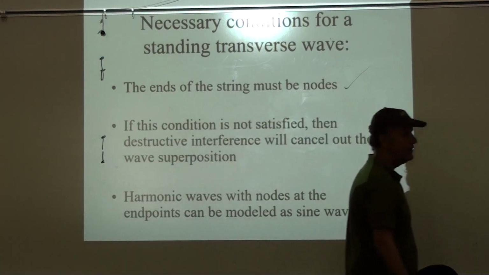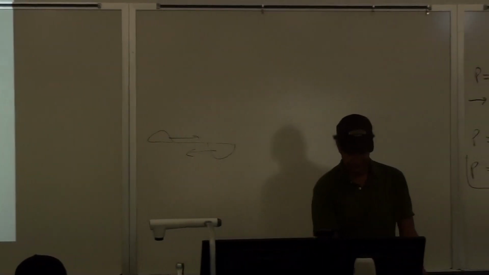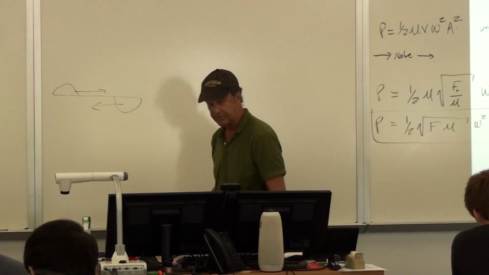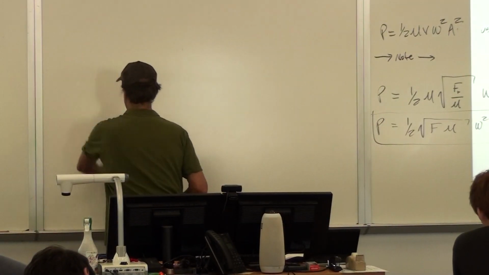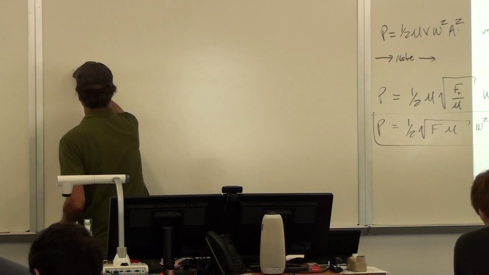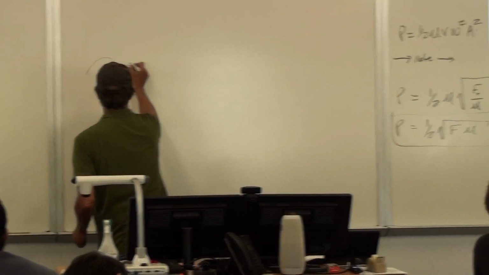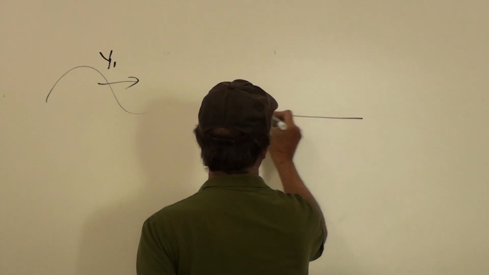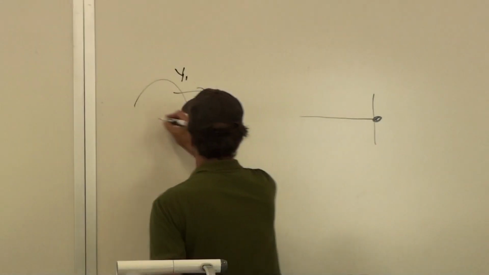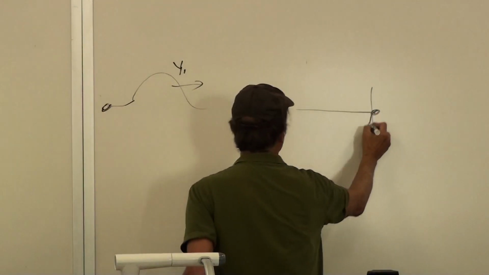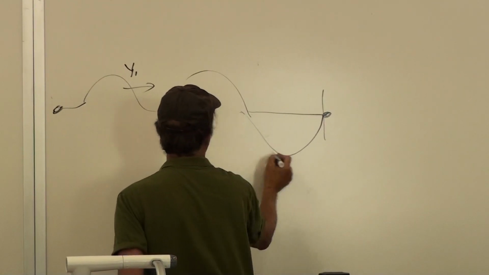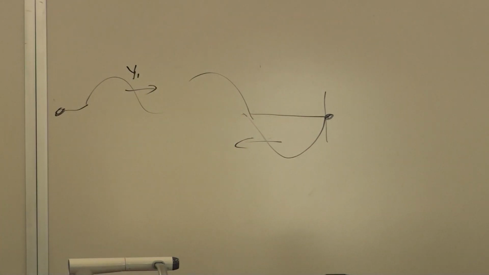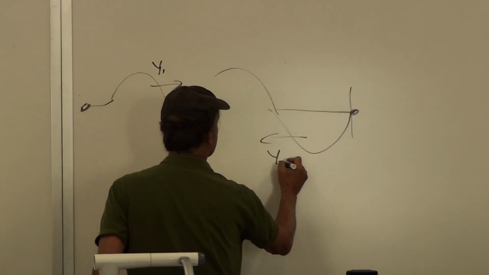And so we've already got our sine wave expression for the amplitude. So basically, we would say we have a wave traveling this way. We could say this is our y1 wave. And then on the boundary here, we have our y2 wave, which would be a harmonic wave that's phase shifted by 180 degrees and is moving in the opposite direction.